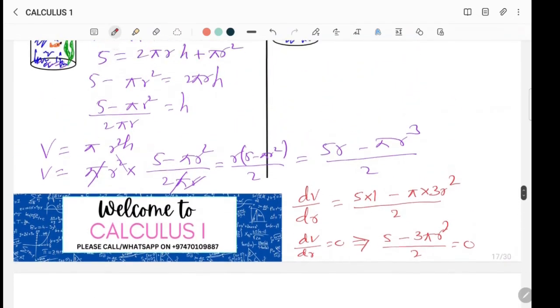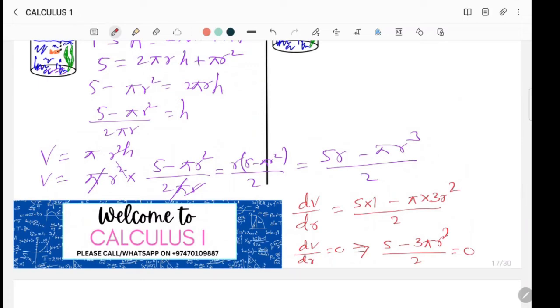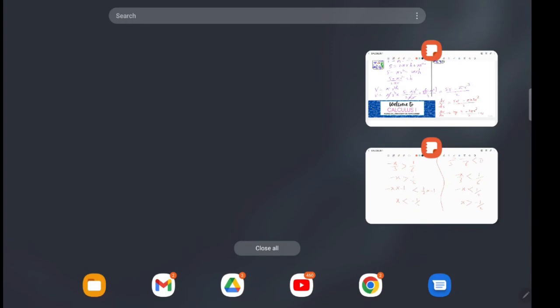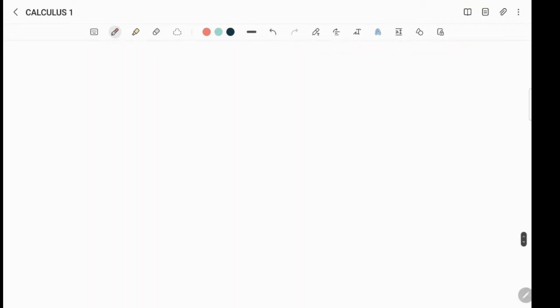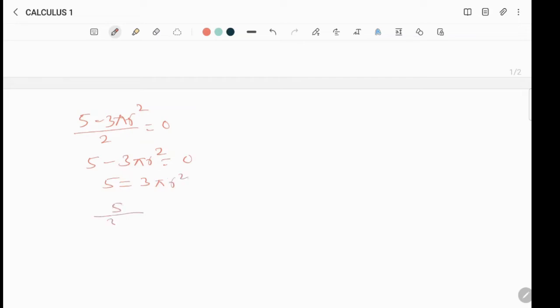So 5 minus 3 pi r square over 2 equals 0. 5 minus 3 pi r square equals 0. 5 equals 3 pi r square. 5 over 3 pi equals r square.